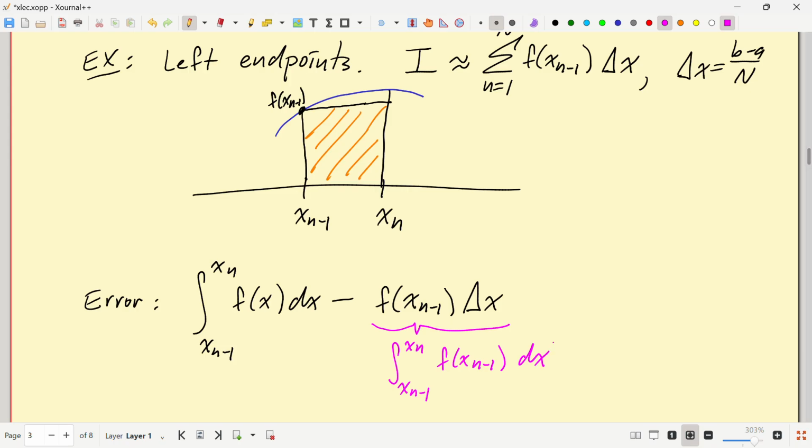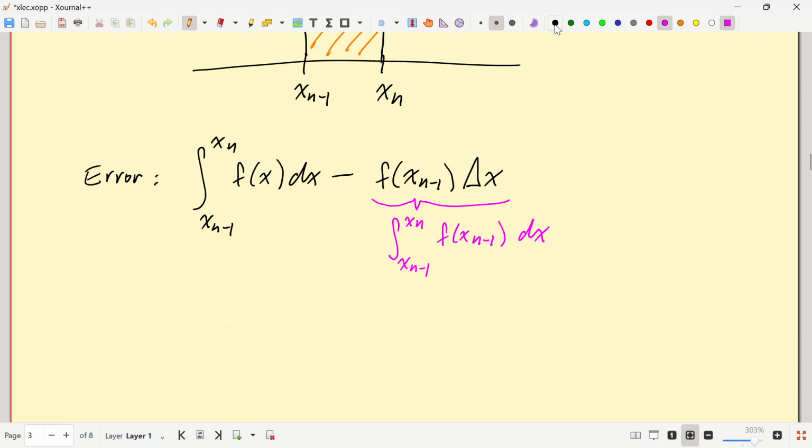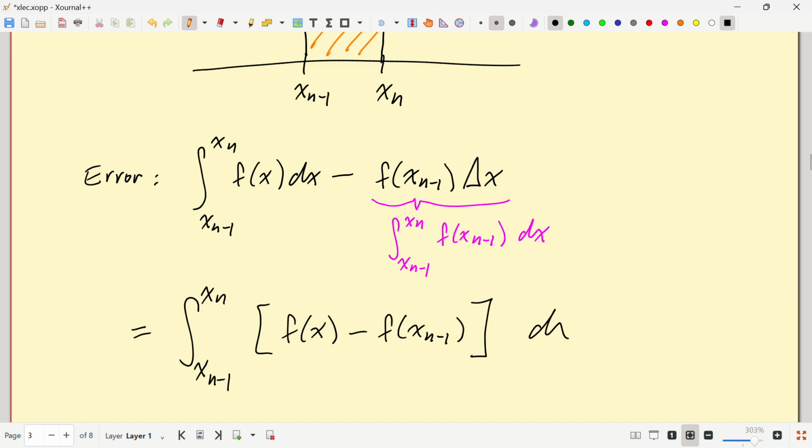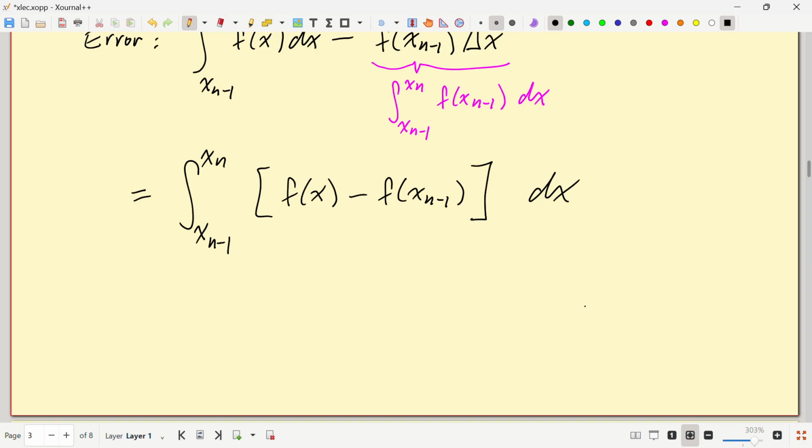And when I look at it like that, I realize that I can write it as, I can stuff it under one integral, x_{n-1} to x_n of f of x minus f of x_{n-1} dx. And now I'm going to think about that thing inside the integral and think about how big it could be.